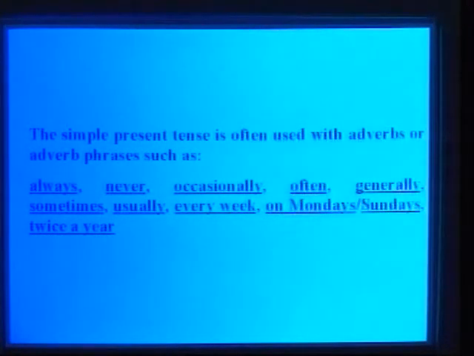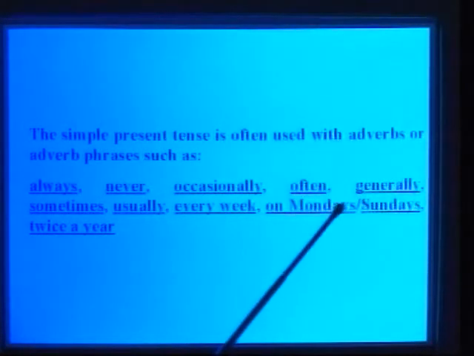For example, you find words like always, never, occasionally, often, generally, sometimes, usually, every week, on Mondays, Sundays, twice a year. All these words indicate that those actions are repeated. They are habits. They are done every day.